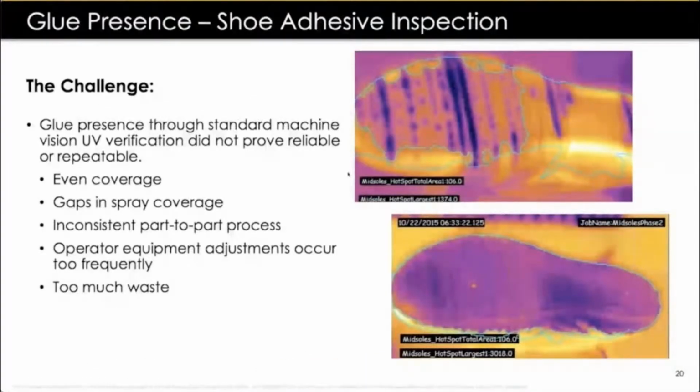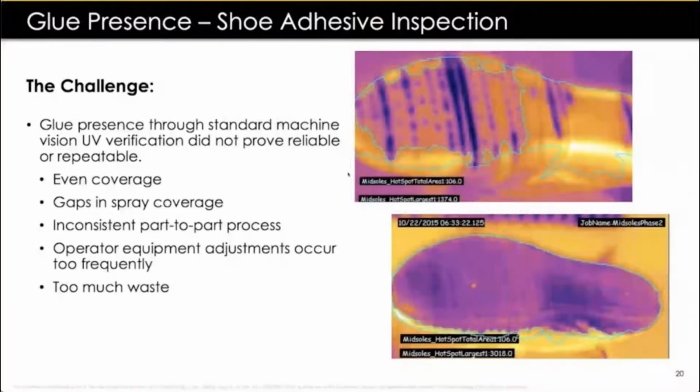A few more here for you guys. So, shoe adhesive inspection. This is a unique application that we did, with the challenge being that glue presence verification through standard machine vision did not prove reliable or repeatable.